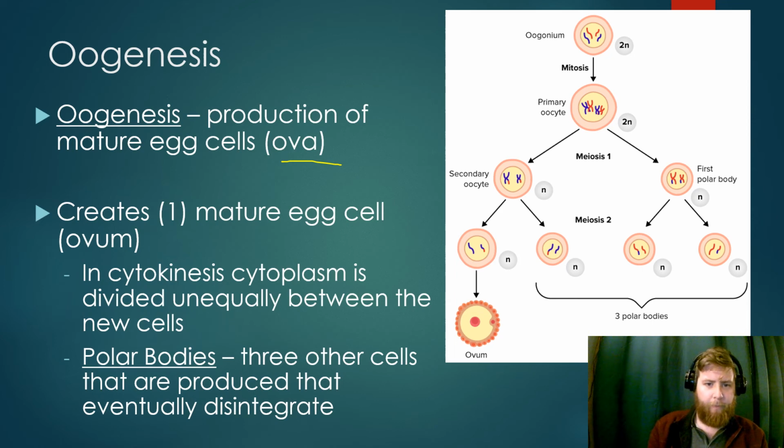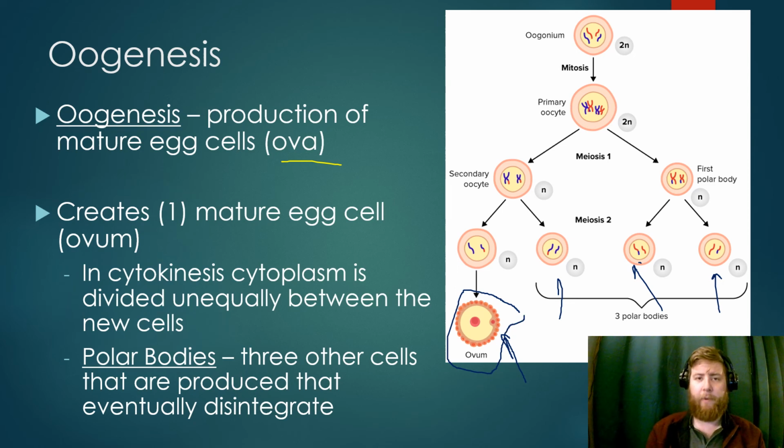The ovum gets the majority of it. The other 3 become what we call polar bodies. And these polar bodies eventually disintegrate. They're not viable for reproduction. Only this 1 ovum is viable for reproduction. So in males, you make 4 viable sex cells. In females, you make 1 per round of meiosis.